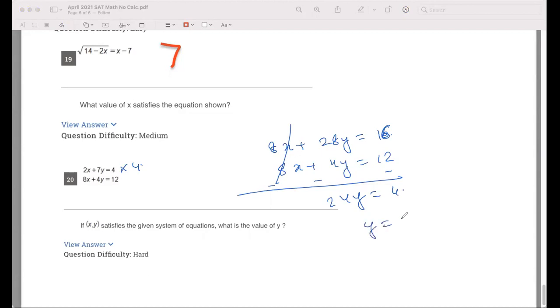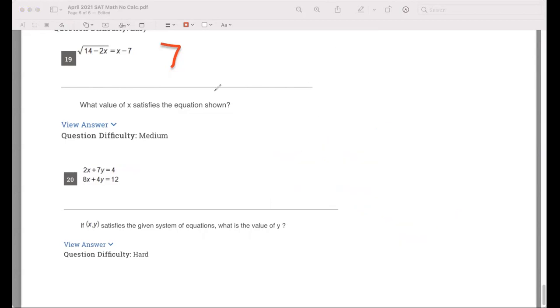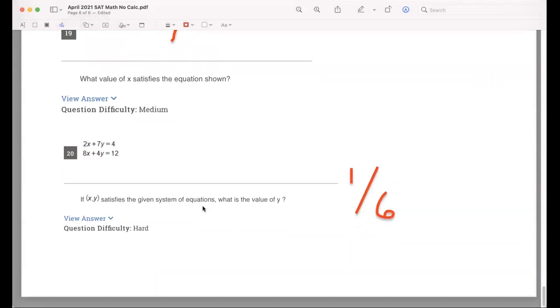So y is 4 over 24, which is 1 over 6. So the value of y is 1 over 6.